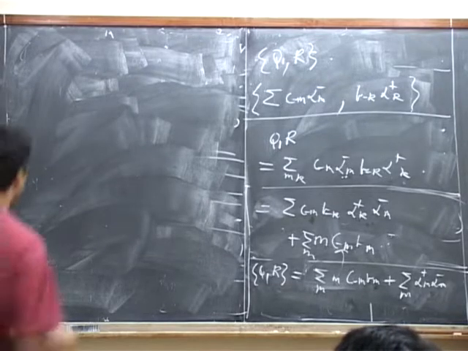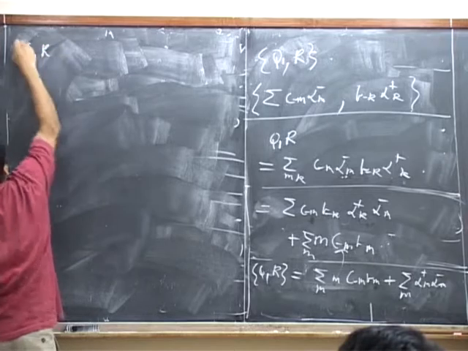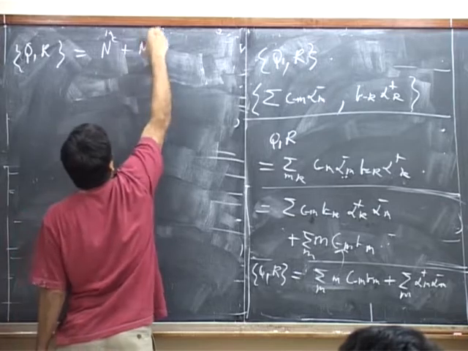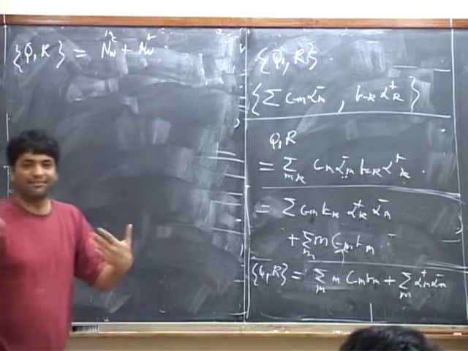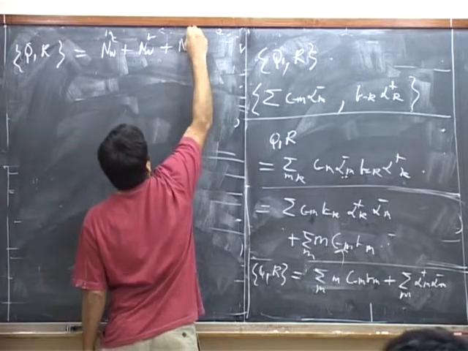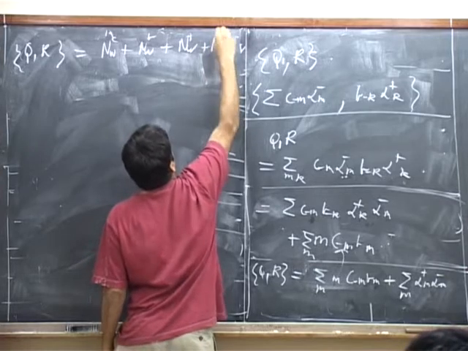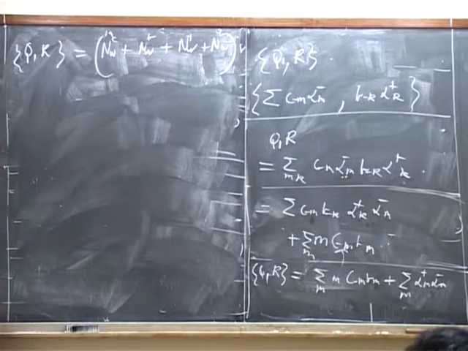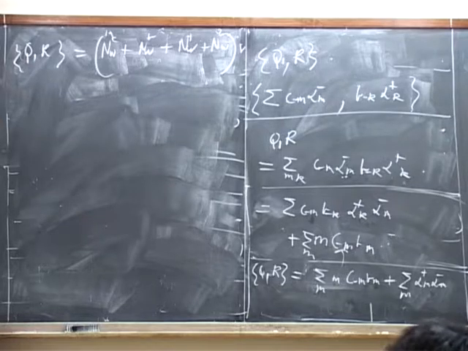So this quantity, this Q1 commutator R, is simply equal to the number of C oscillators plus the number of B oscillators, weighted by the energy level, plus the number of plus oscillators weighted by level plus the number of minus oscillators weighted by level. By definition, N minus W is minus M alpha plus minus M alpha minus.